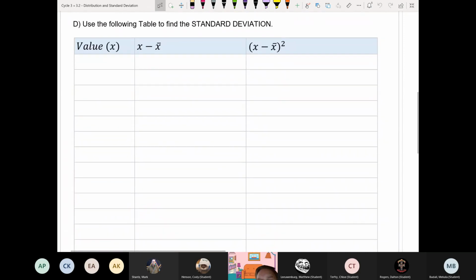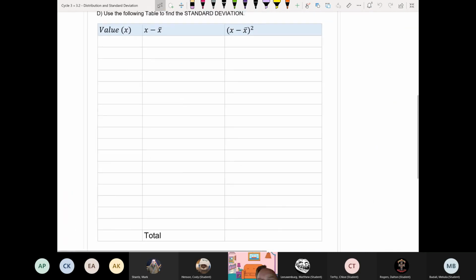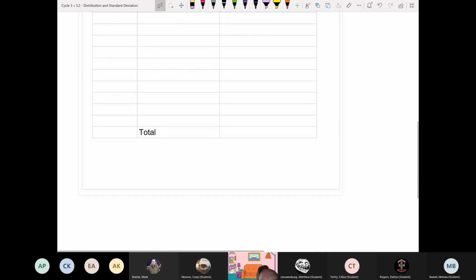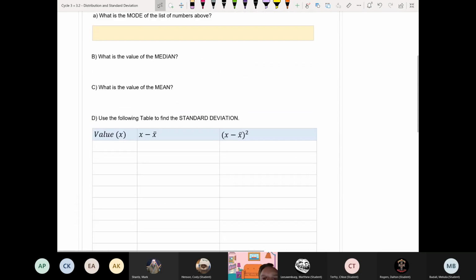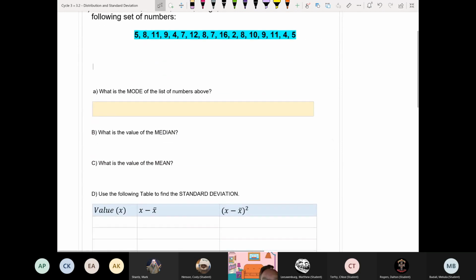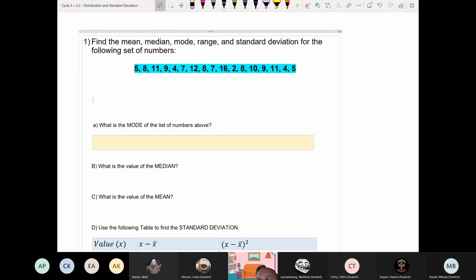And then I want you to find the standard deviation. So you're going to follow the same kind of pattern I showed you before. And I'll put some hints below it just to remind you what to do. And I'll put the formula at the bottom here just to help you as well. So I want you to do this through practice. So that's going to be your assignment, to find the mean, median, mode, range, and standard deviation. So 5 things. All right, got it.